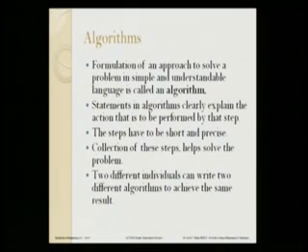Now about algorithms. What is an algorithm? It is a step-by-step approach to solve a particular problem. Let's take one example. If you are going to buy a movie ticket, what do you do? If you want to use your credit card or debit card, then first of all you will give that credit card or debit card to that representative. After that he will swipe your card, and if it is successful, then the amount will be deducted from your card, and then you will be able to choose your seat.